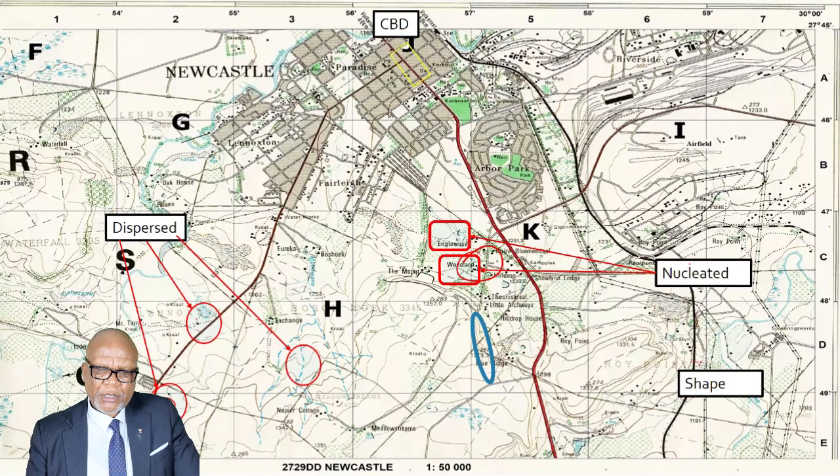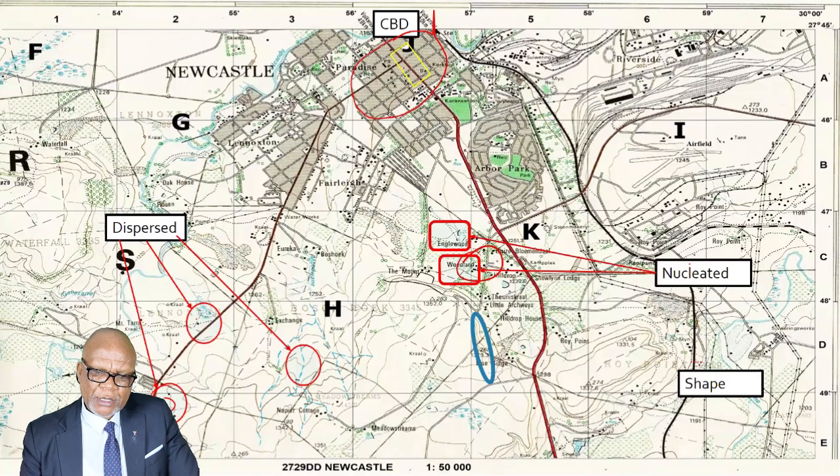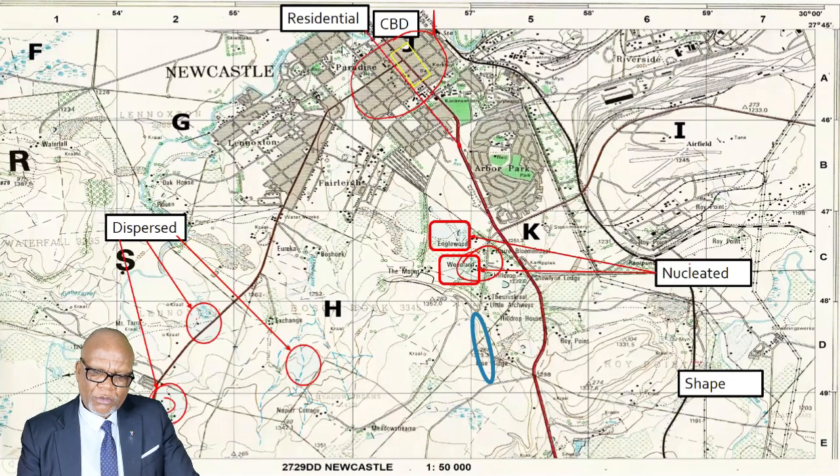Then we're looking now at the land use zones. This is your urban morphology. You can see this is the CBD. This is the older part of the city. What do you see there? You see the grid iron street pattern. And you see the transport network, making it most accessible.